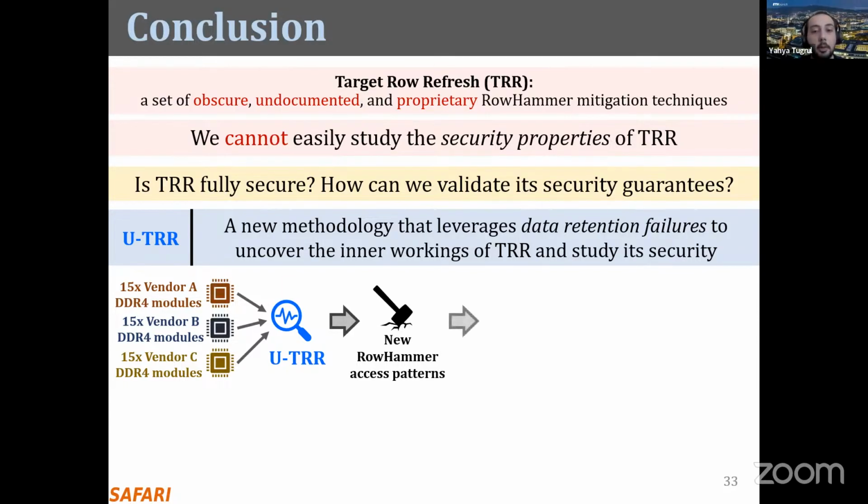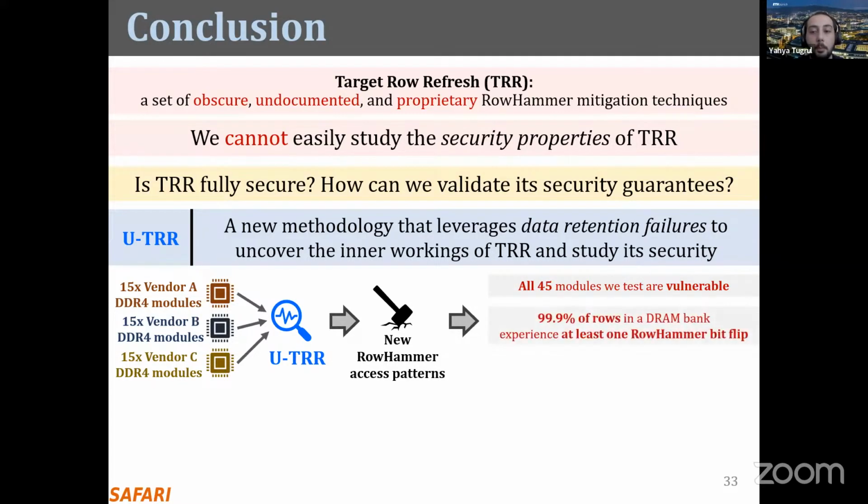And our results show that first, all 45 modules we tested are vulnerable to our new RowHammer access patterns. Second, our access pattern can cause at least a 1-bit flip in almost all rows in many modules. And third, we observed up to 7-bit RowHammer bit flips in an 8-byte data word, making ECC ineffective.